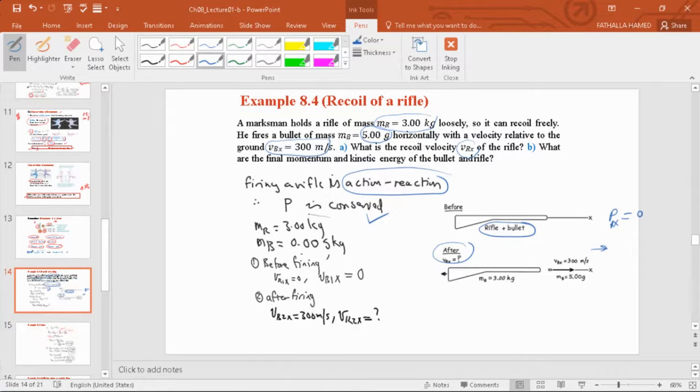The mass of our rifle is 3 kilograms. The mass of our bullet is 0.005 kilogram because we have to convert it. Before firing, the VR1x and the VB1x, meaning bullet 1x, should equal 0. After firing, the VB2x is 300 meters per second, but the VR2x is what we want to find out.